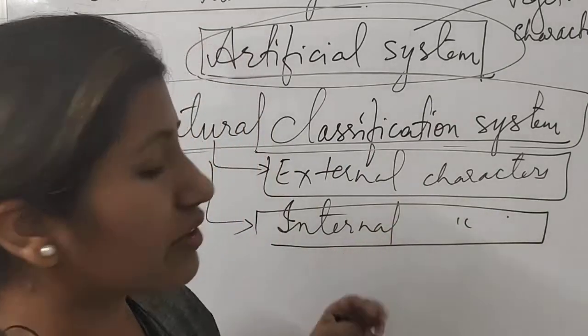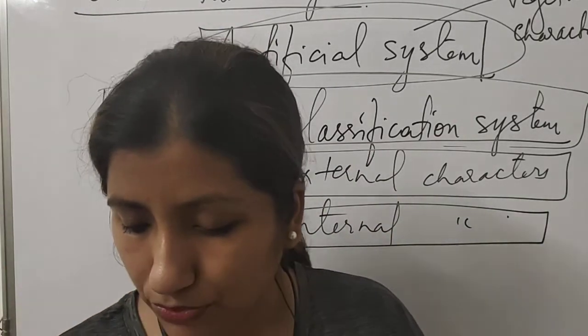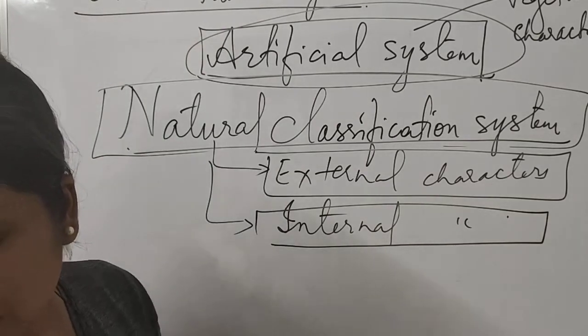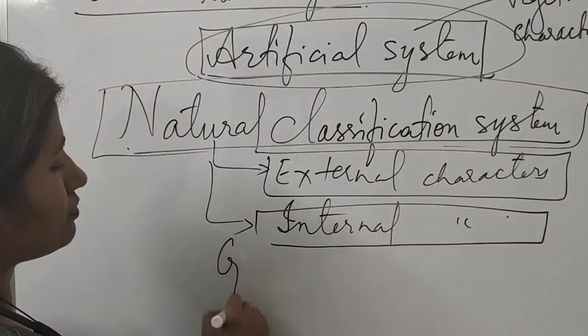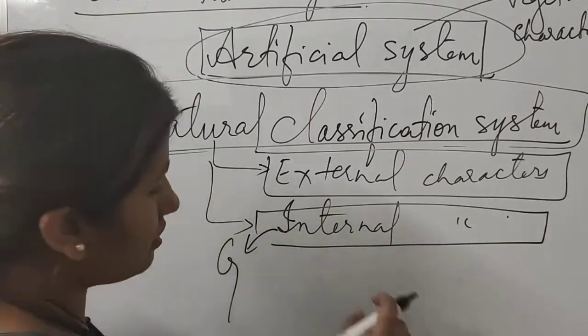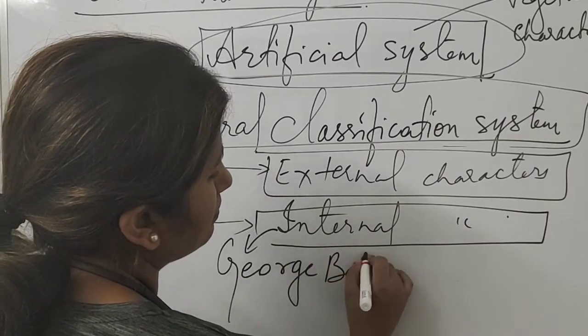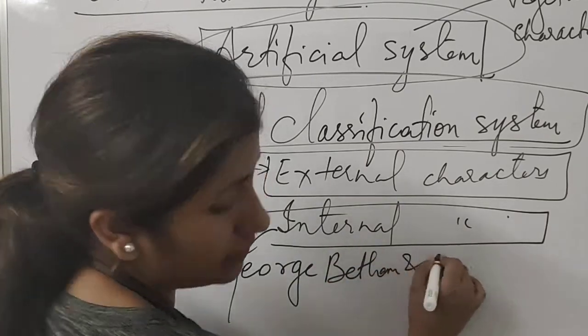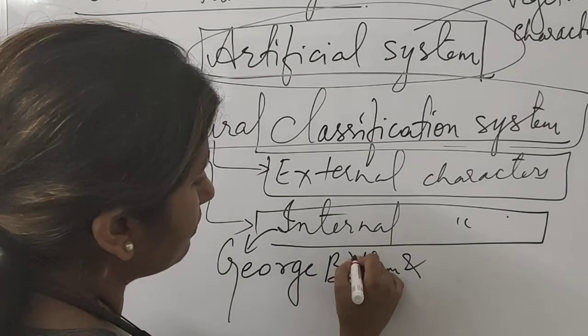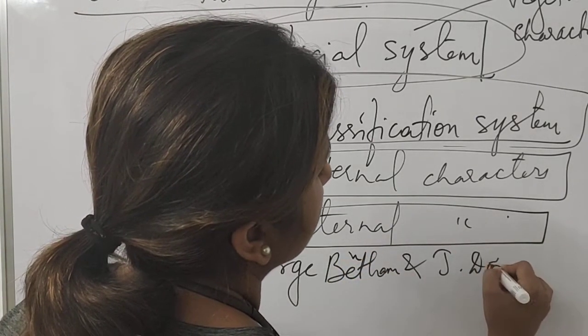So these internal characters, internal classification was explained by George Bentham and Joseph Dalton Hooker. Internal characteristics, okay, that is internal features, were explained by George Bentham and Joseph Dalton Hooker.